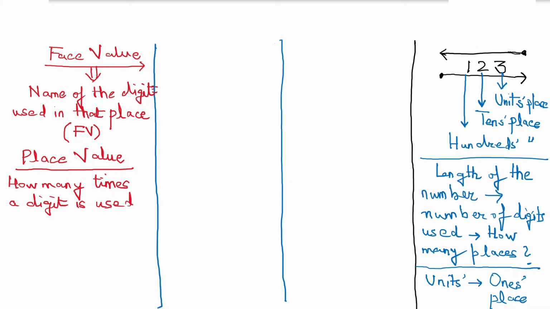For example, if I say you take any number in the units place, and as I said that we'll be taking some examples also to understand this better, and for further discussions we'll be taking place value as PV. So let me take the same example that I have taken, 123.